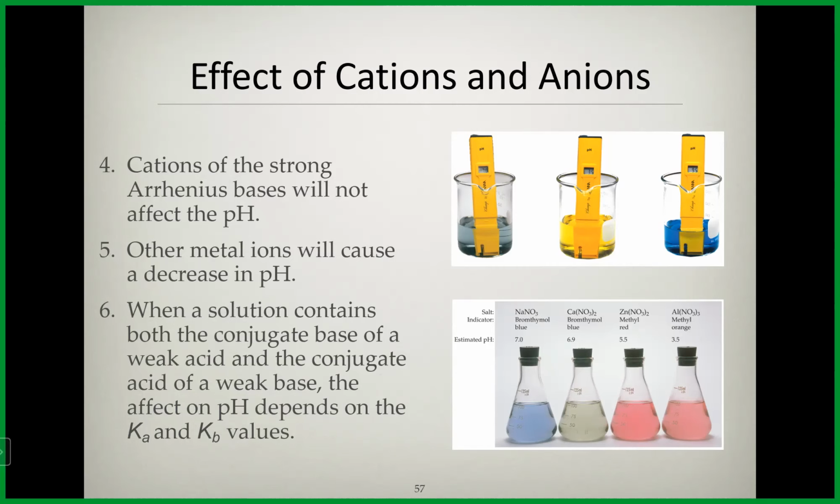And then number 6, when a solution contains both the conjugate base of a weak acid and the conjugate acid of a weak base, in that case, we're not going to know for certain if it's going to become more acidic or more basic, because each of those substances is going to affect the pH. So it's going to depend on what the Ka and Kb values are, to see which one's going to take precedence, which one's going to overpower the other in terms of directing the pH higher or lower.